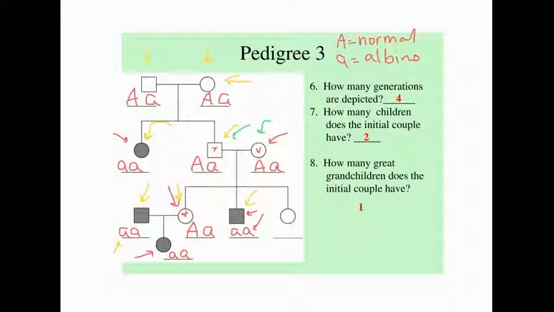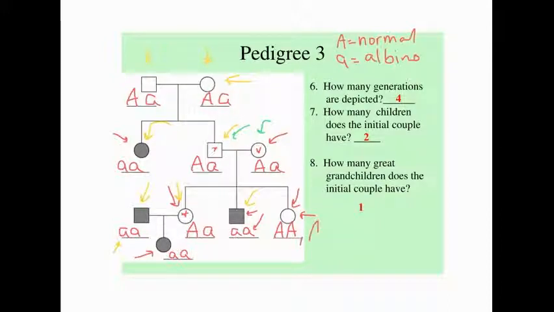Now, the only thing we don't know, we cannot figure out this girl's genotype. The reason is, we know she has a big A because that's her box, her circle is not shaded in. So we know she's got at least one big A. But she could have gotten another big A and she wouldn't be an albino.